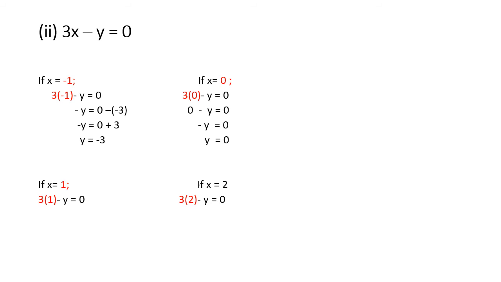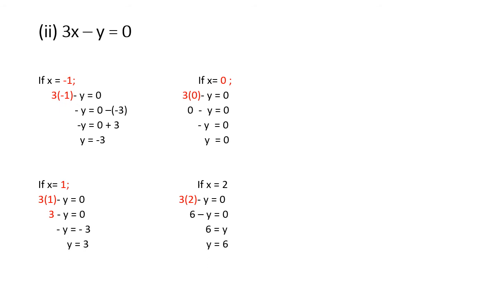And see here, I have written this is 3 and this is x, and the remaining thing is as it is. So like this we solve and we get the value of y as 3 and 6.